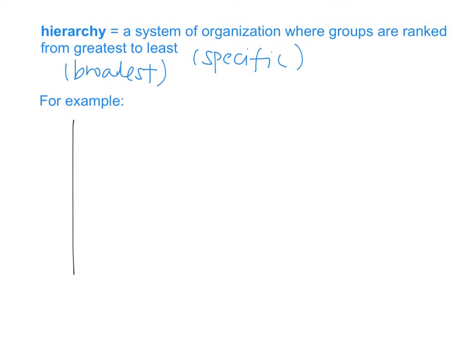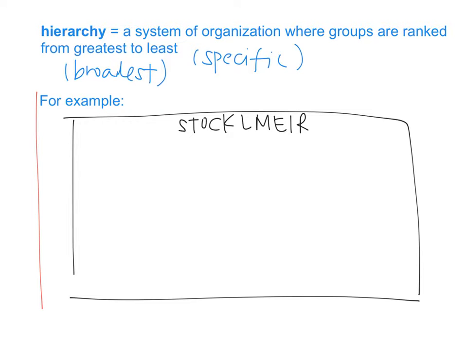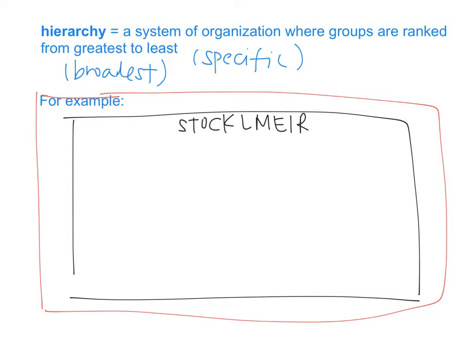We say all the people here are at Stockholmeyer. And there's even a category more broad than Stockholmeyer, which would be Cupertino Union School District, right? So Stockholmeyer is in CUSD.